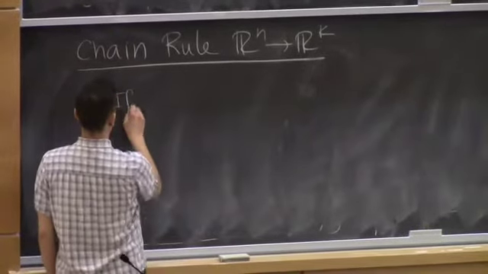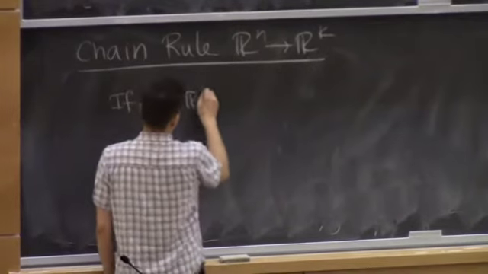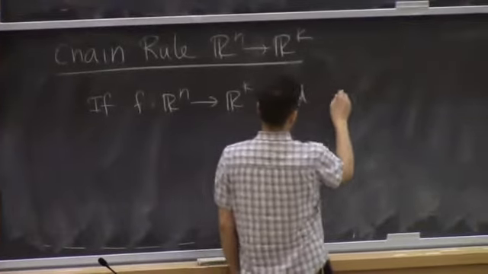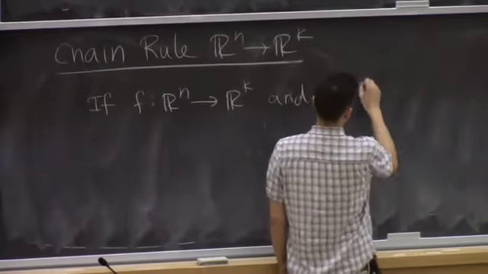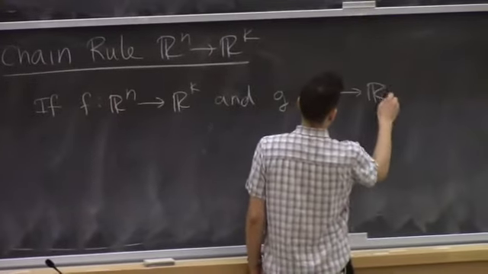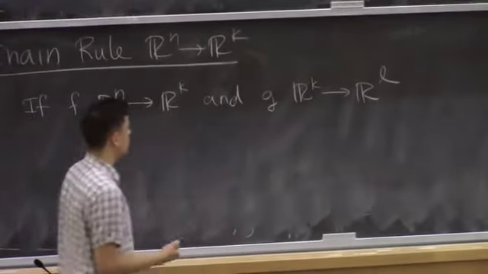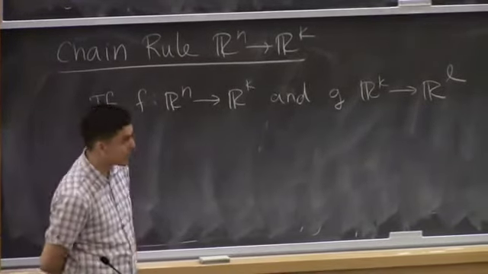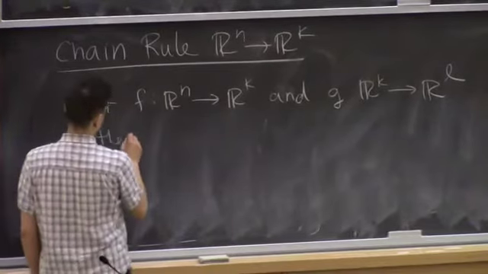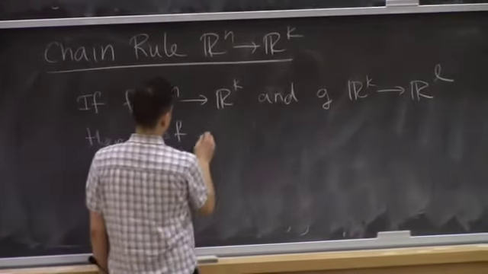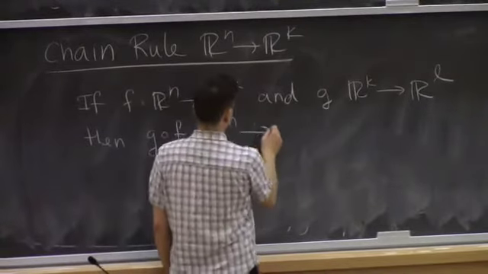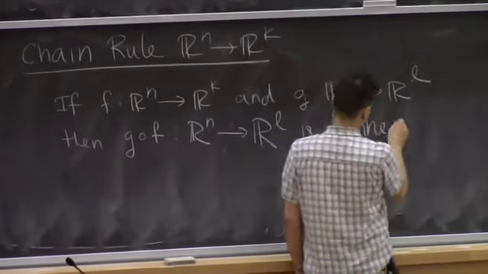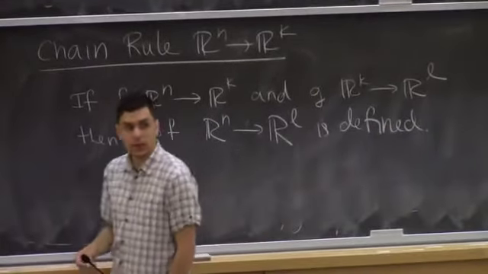So if we've got a function from Rn to Rk and a function from Rk to Rl, then this composition is defined.